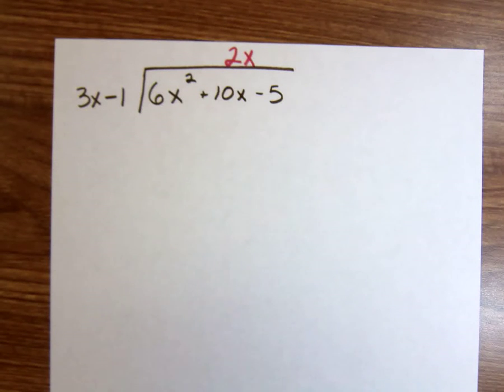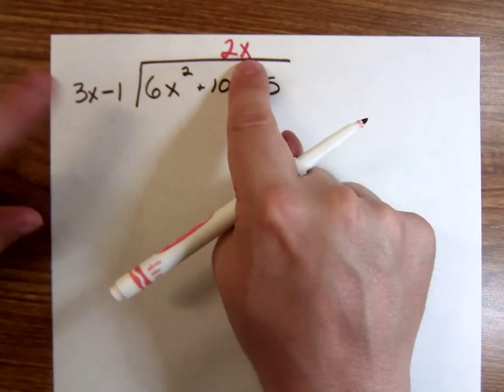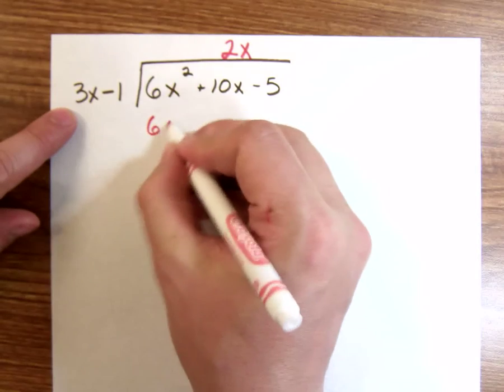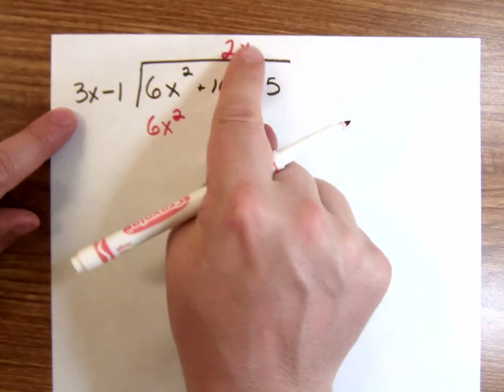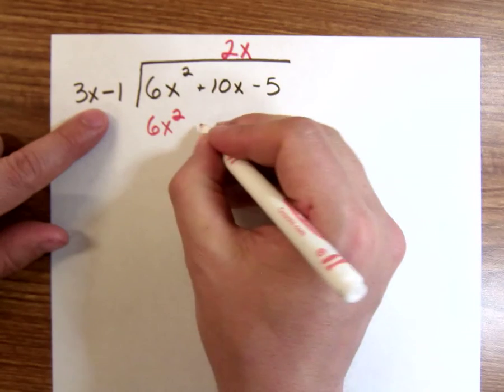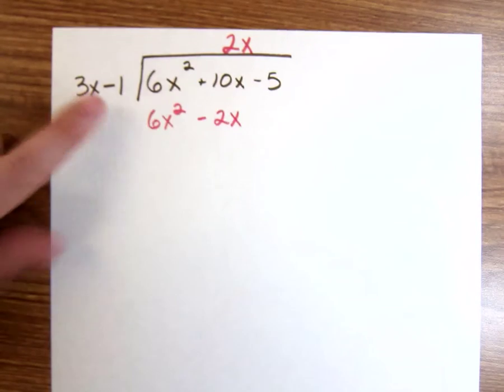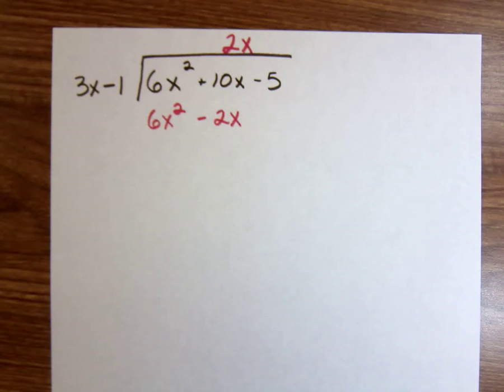You multiply. This times this. 2x times 3x is 6x squared. And 2x times negative 1 is negative 2x. And then what? Subtract.